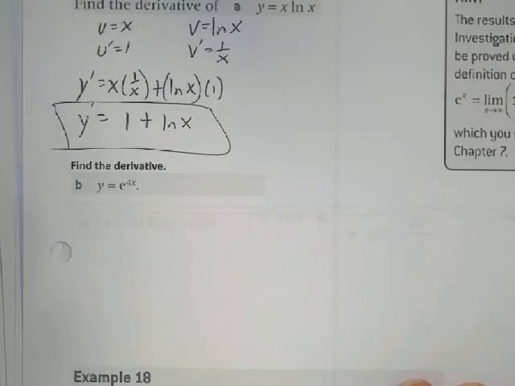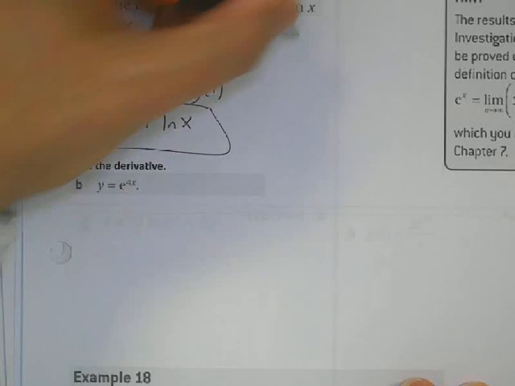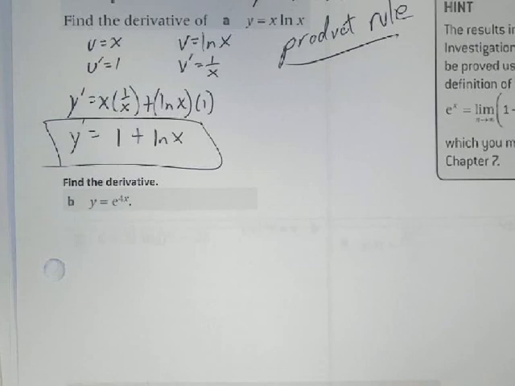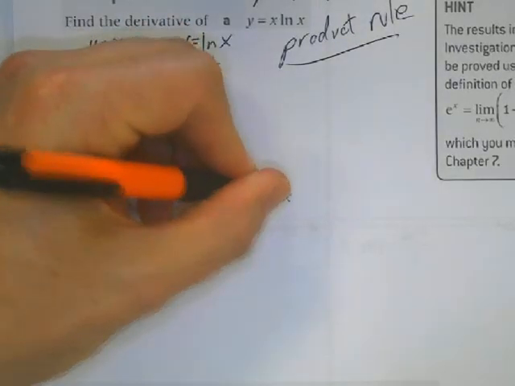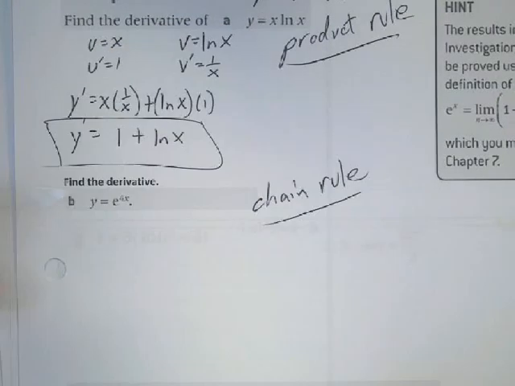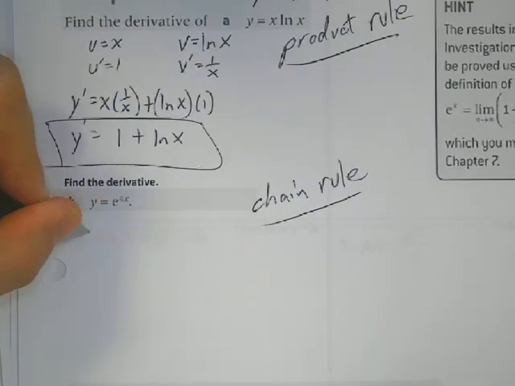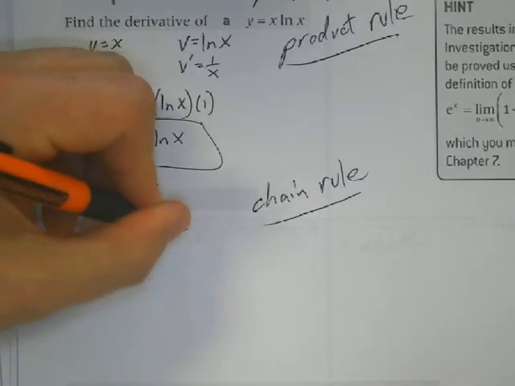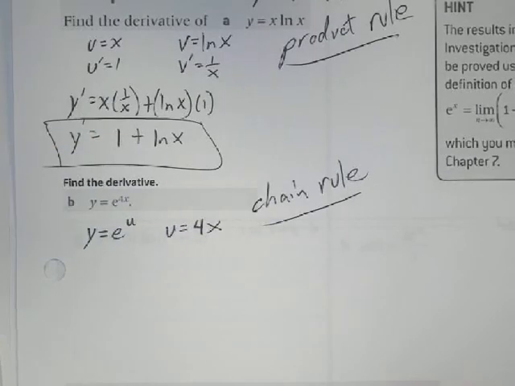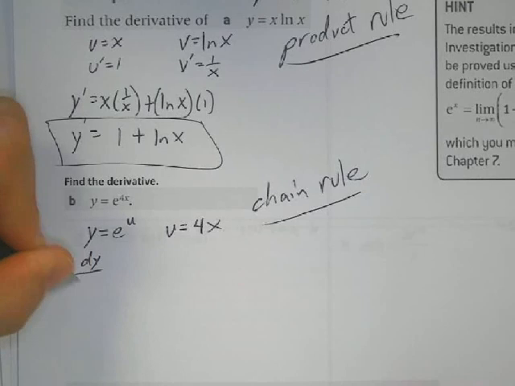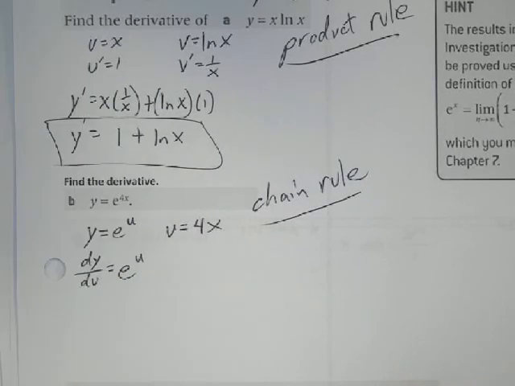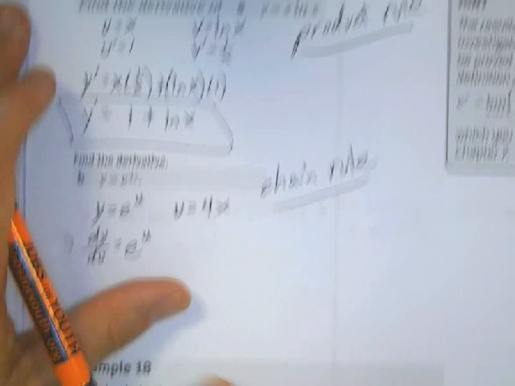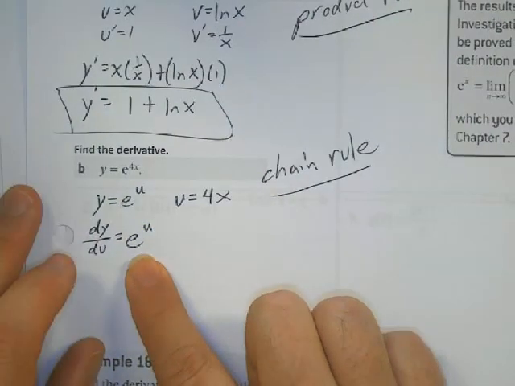Okay. This was product rule. Here I'm going to be using chain rule. I'm going to let y equal e to the power of u, and u equals 4x. So dy du is equal to e to the u, because the derivative of e to the x is e to the x. So knowing that, e to the u, the derivative of that is e to the u.